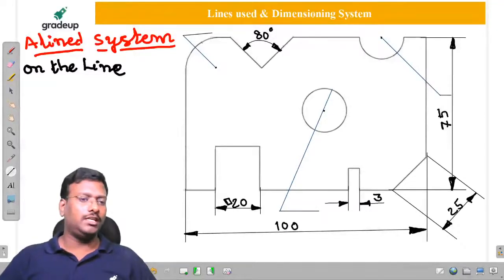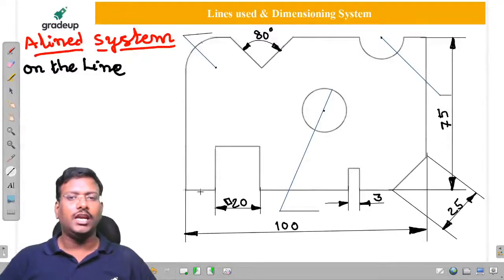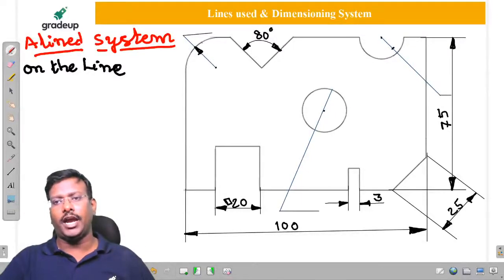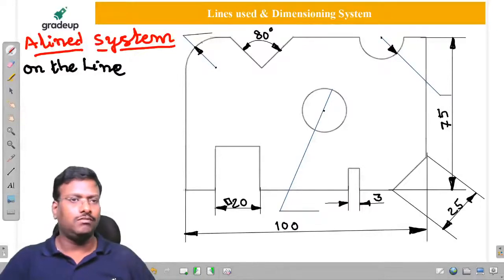Then how to represent, sir? In the first two cases, it is the radius. So whenever it is a radius, we have to show the arrowhead here. Sir, it is inside, no problem. For radial only, the arrowhead is allowed to be inside the drawing. But the dimension, whatever you are giving, it should be outside. And we have to write here as, one second.